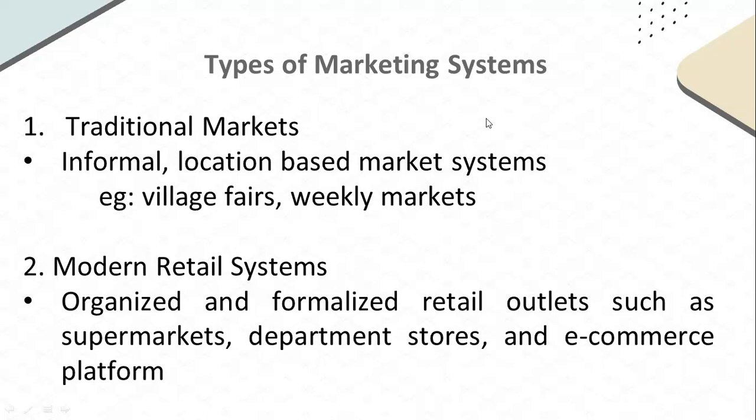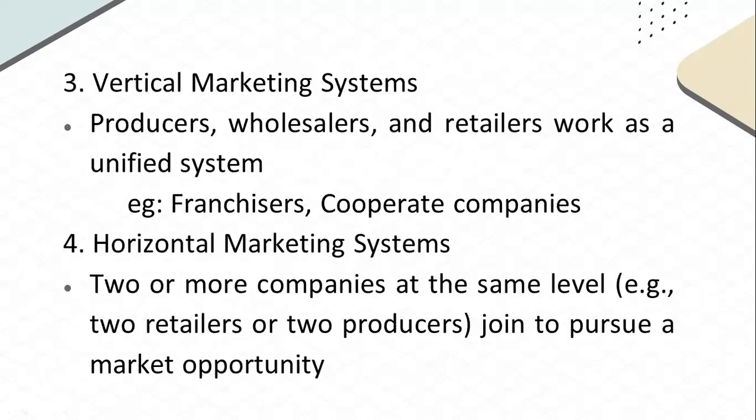Okay, so the next one is the vertical marketing system, right? This is the typical marketing channel. The vertical marketing systems contain producers, wholesalers, and retailers. ඒ කියන්නේ මේ marketing system එකේ flow එක vertically product එක යනවා.